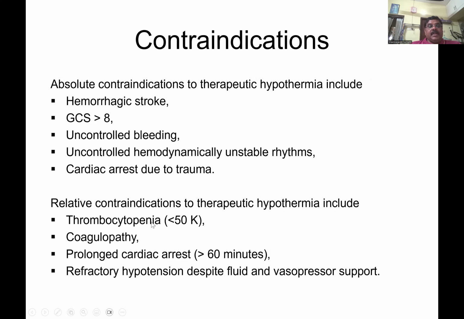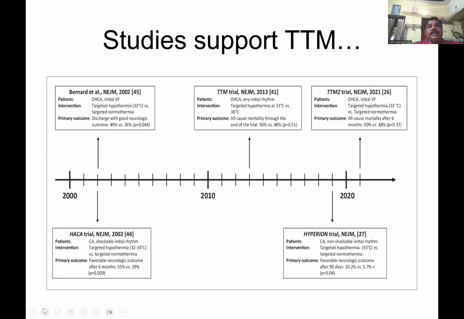Relative contraindications include thrombocytopenia, that is a platelet count less than 50,000, coagulopathy, and prolonged cardiac arrest, where recovery takes more than 60 minutes, and refractory hypotension despite fluid and vasopressor support. Refractory hypotension means that even after giving fluids and vasopressors, the blood pressure has not improved. In all these conditions, TTM will be contraindicated.